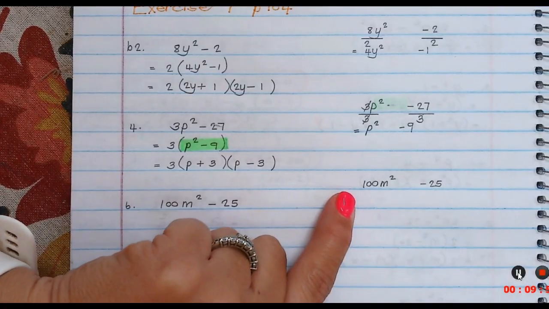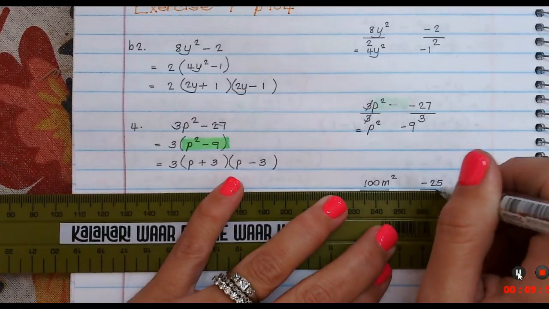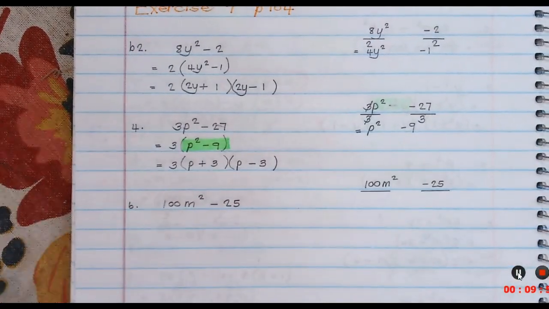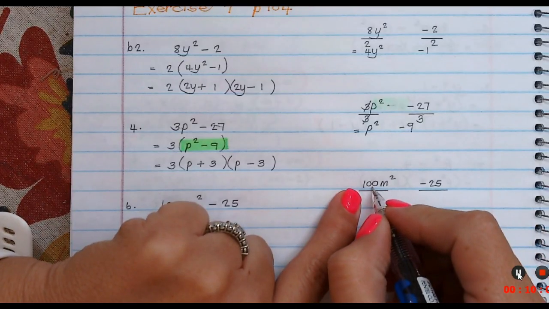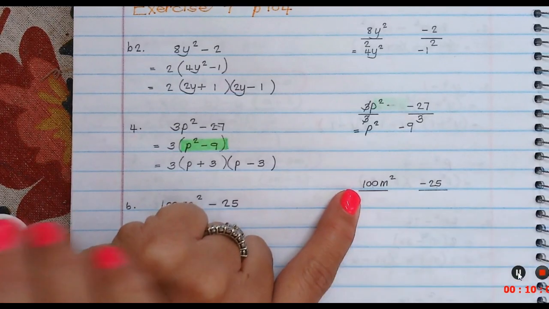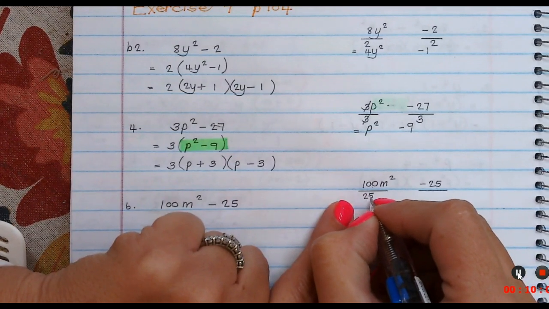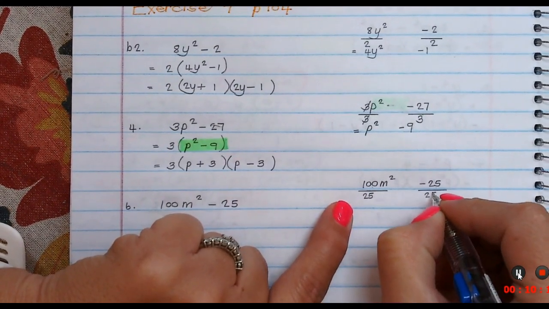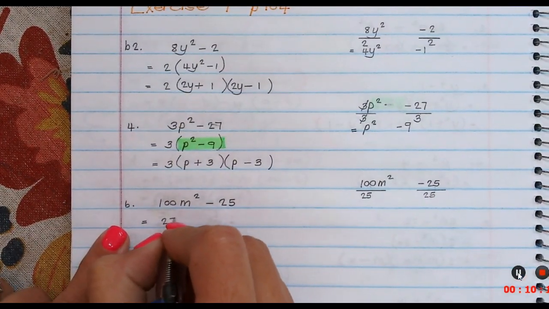Right. The number that I divide with is my common factor. What can divide with 100 as well as 25? And that is 25. So 25 is going to be my common factor.